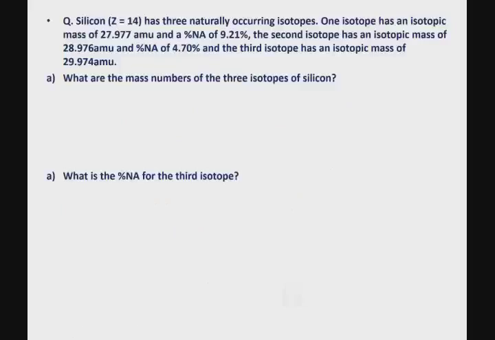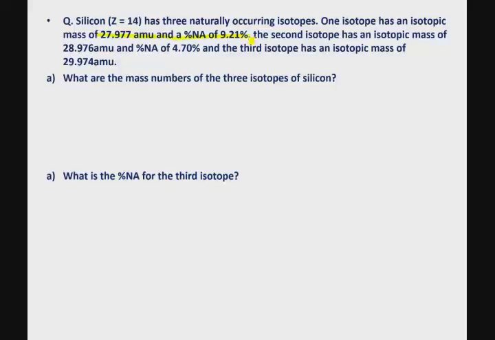Now here's a problem that talks about silicon, which has a Z value equal to 14, and the question says that it has three naturally occurring isotopes. The relative isotopic atomic mass of the first is 27.977 AMU, and its percent natural abundance is 9.21.